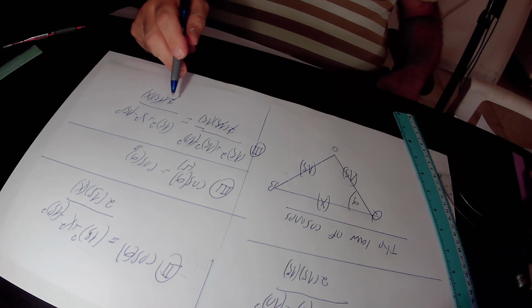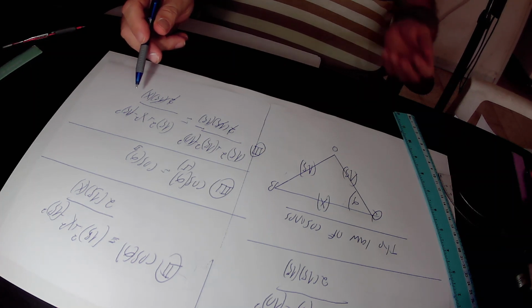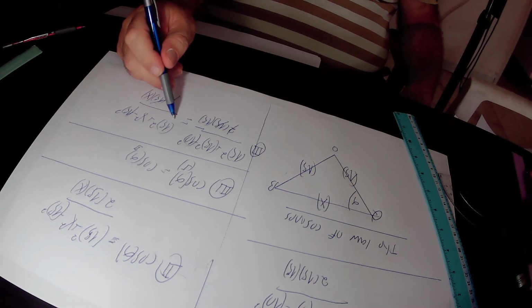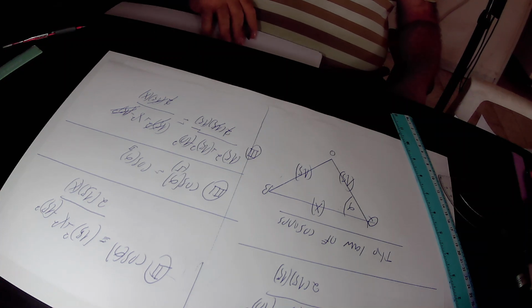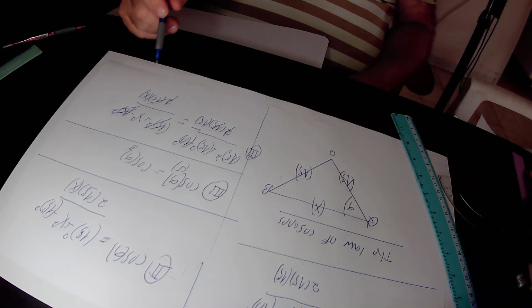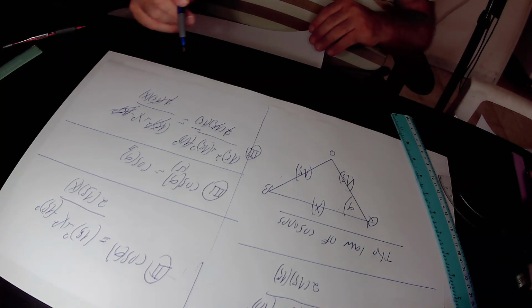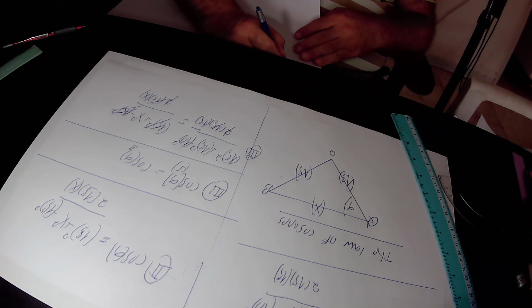In this side of equation 3 we have 15 square minus 15 square. 15 square minus 15 square is of course 0, so those two numbers also get cancelled. So in total in this side of equation 3 we have x squared over x. X squared over x is of course x.